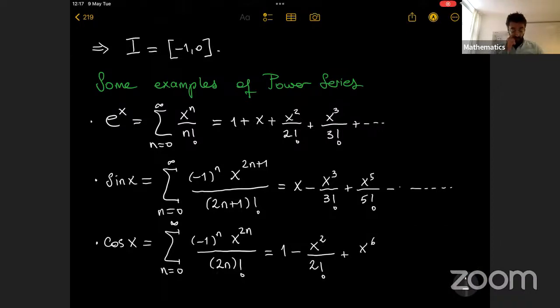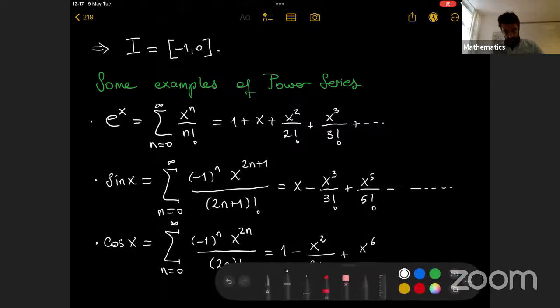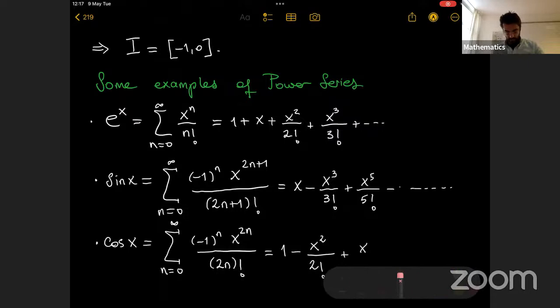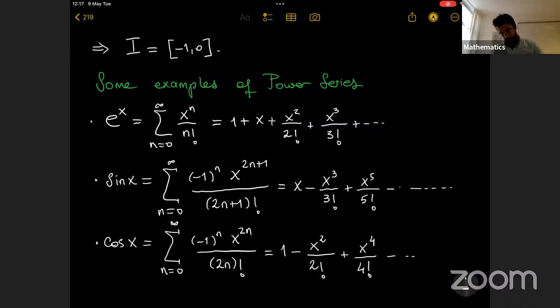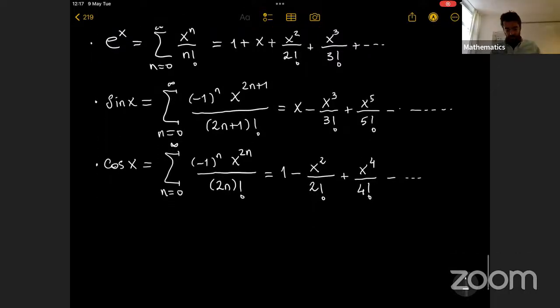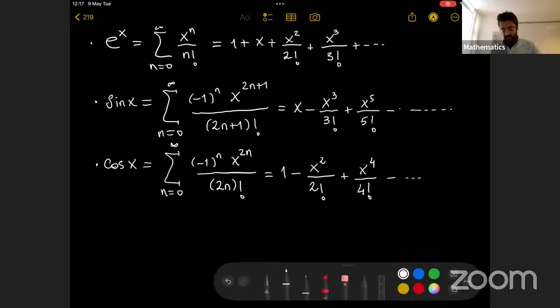When n is equal to 1, you get this. n is equal to 2, you get 4 factorial, and so on. Okay, so these are the expansions of sine and cosine and exponential. We will use these expansions later.